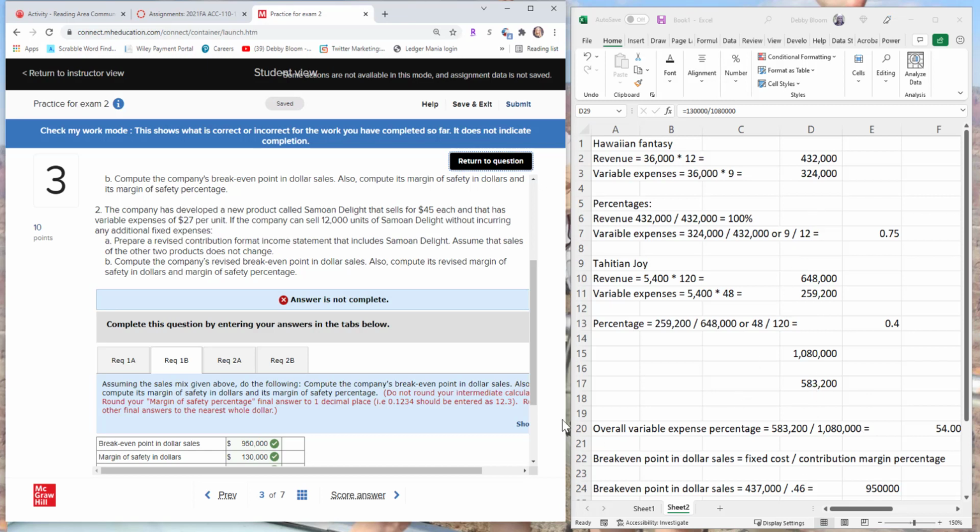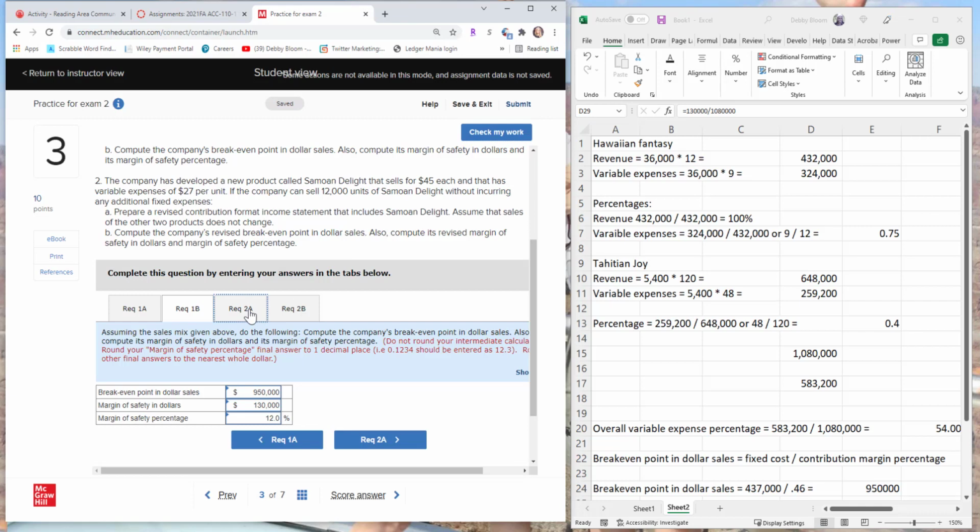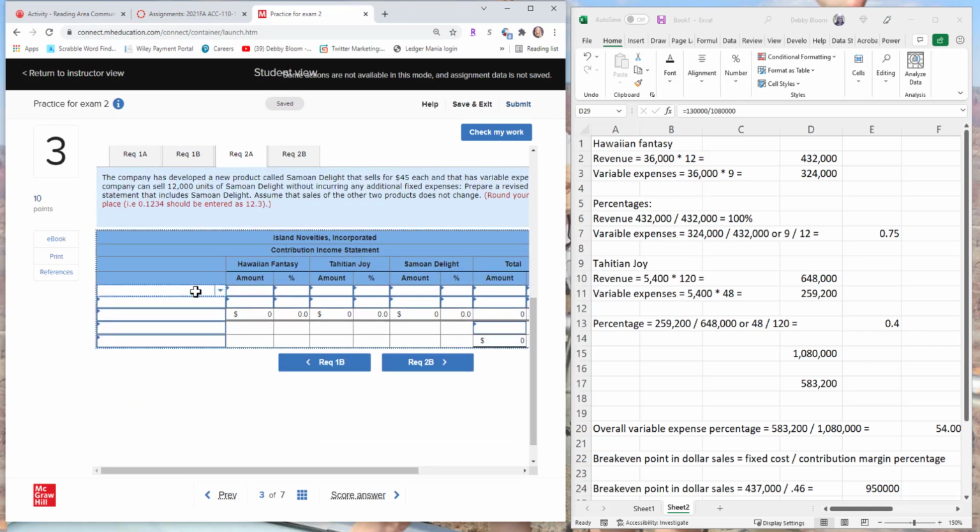So I'm just going to scroll back up on the right to my numbers for Hawaiian Fantasy and Tahitian Joy. Those are not going to change. So I'll just put those in requirement 2A. Once again, we start off with our sales, subtract our variable costs to come down to our contribution margin.